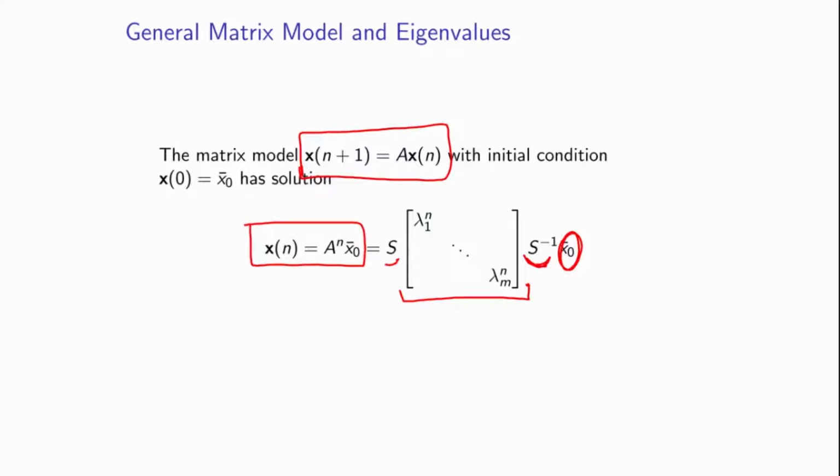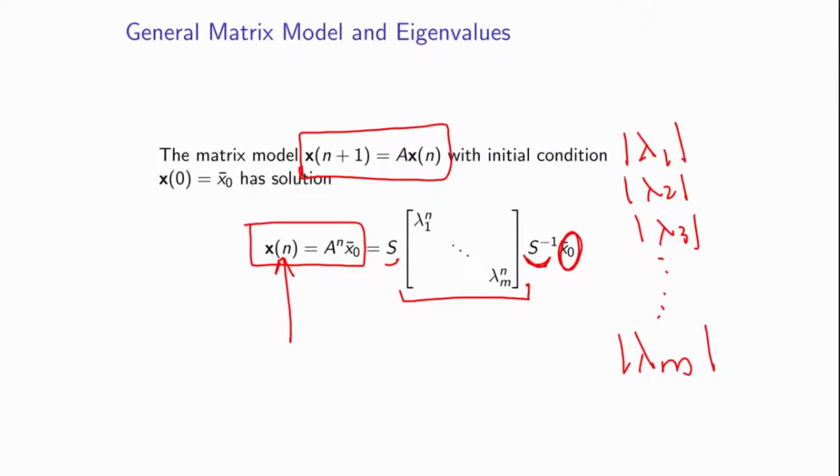The important thing in bringing this diagonalization here is that, according to this value of n, and according to the modulus of lambda 1, modulus of lambda 2, modulus of lambda 3, all the way to the modulus of lambda m, suppose that they're all less than 1 in modulus, then what we may find is that as these powers get larger and larger, each of these entries becomes smaller and smaller, which means that this diagonal matrix would become a 0 matrix.